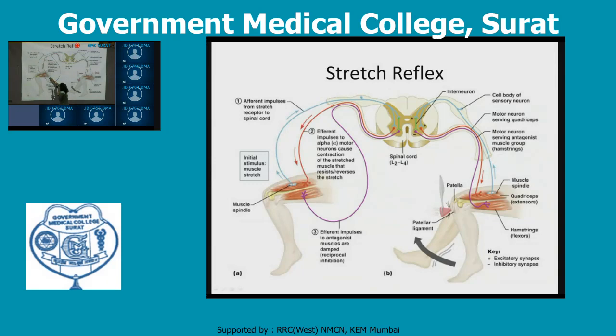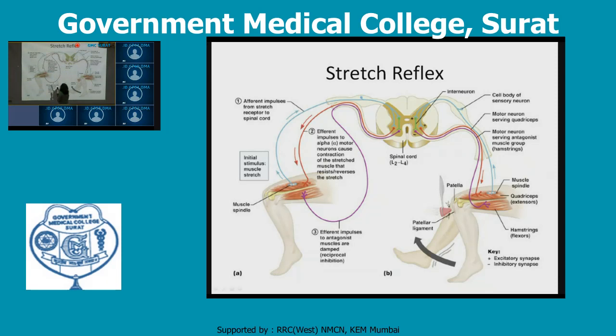Agonist means the muscle which is directly under action, and antagonist means if it is an extensor, this will be a flexor muscle. With one stimulus, the agonist muscle is supplied as well as the antagonistic muscle. Two reflex arcs are formed, one to the agonist muscle and another to the antagonistic muscle.